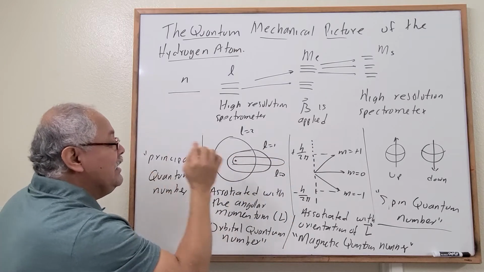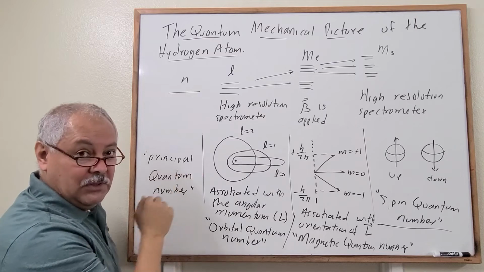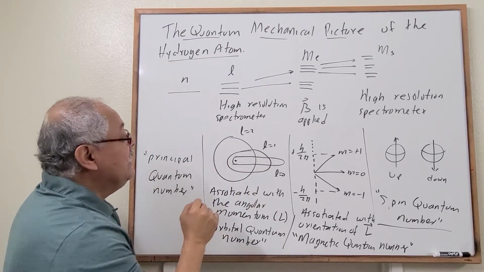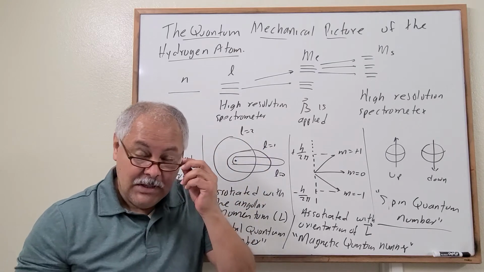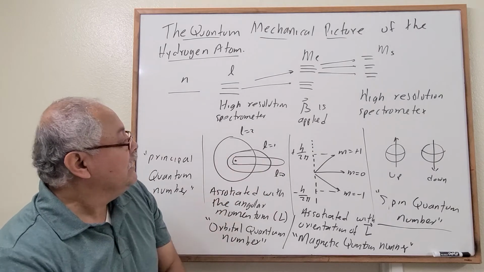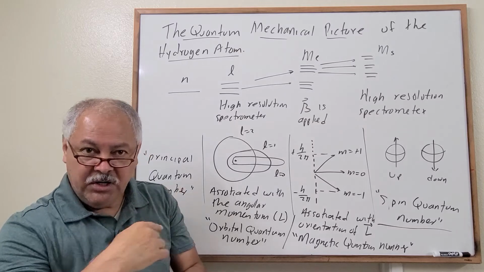Later we have a different elliptical orbit, and angular momentum is 1. And when we have a circular orbit, that's the maximum angular momentum possible. It's going to be L equals 2.